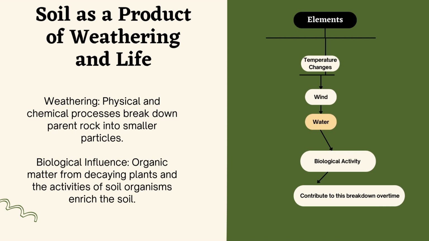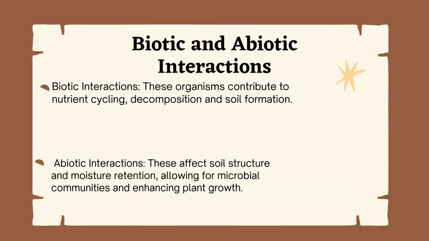Soil as a product of weathering and life: physical and chemical processes break down parent rock into smaller particles. The biological influence: organic matter from decaying plants, and the activities of soil organisms enrich the soil.